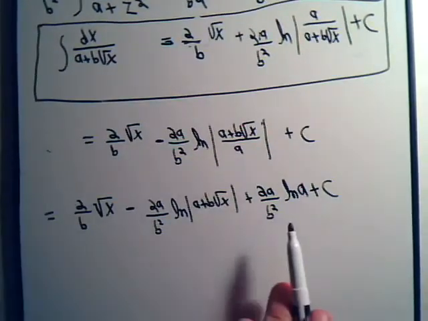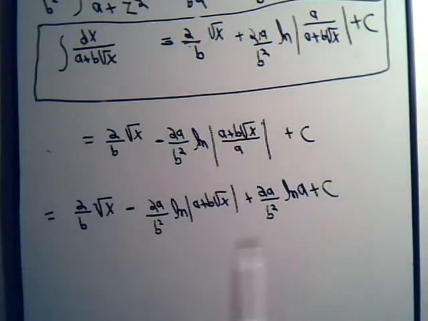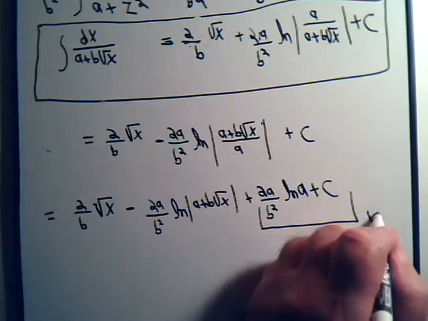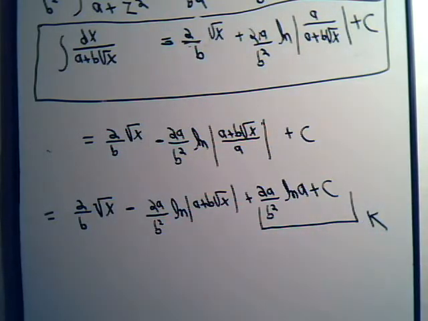And this is a constant. This is an arbitrary constant, so we can combine these together into another arbitrary constant. We'll call it a.